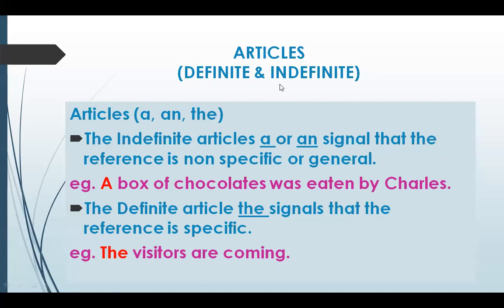Then we use the article with adjectives in superlative degrees, like the fastest animal, the most hardworking student in the class, that way. We also use the with adjectives in comparative degree, when you're comparing things, like he is the more experienced of the two candidates.